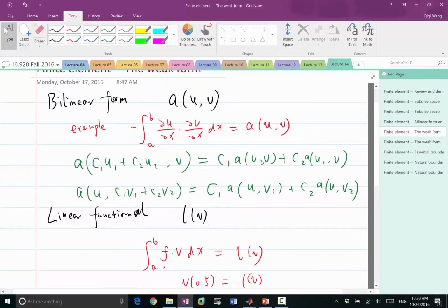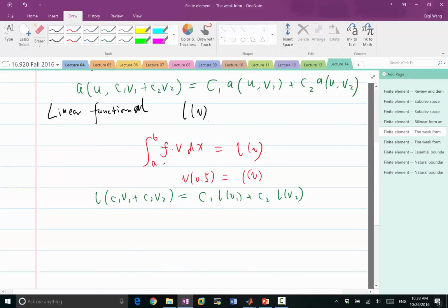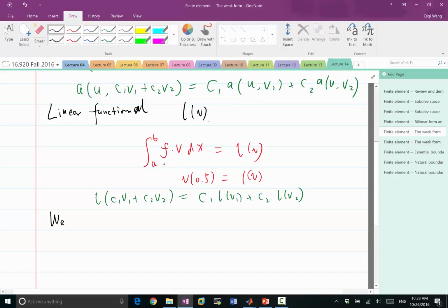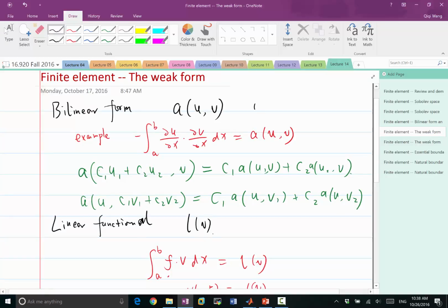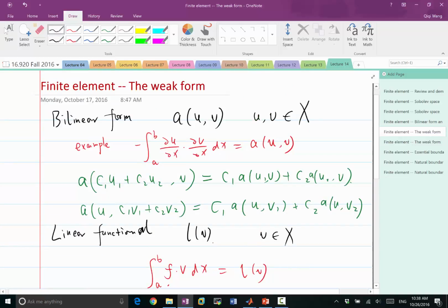Now, once we define the bilinear form and the linear functional, the weak form also requires a space. Actually, the bilinear form and linear functional both require a certain space. So u and v are in a certain linear space. In the simplest form of finite element, u and v should be in the same space. Then we've got what's called a Galerkin method.